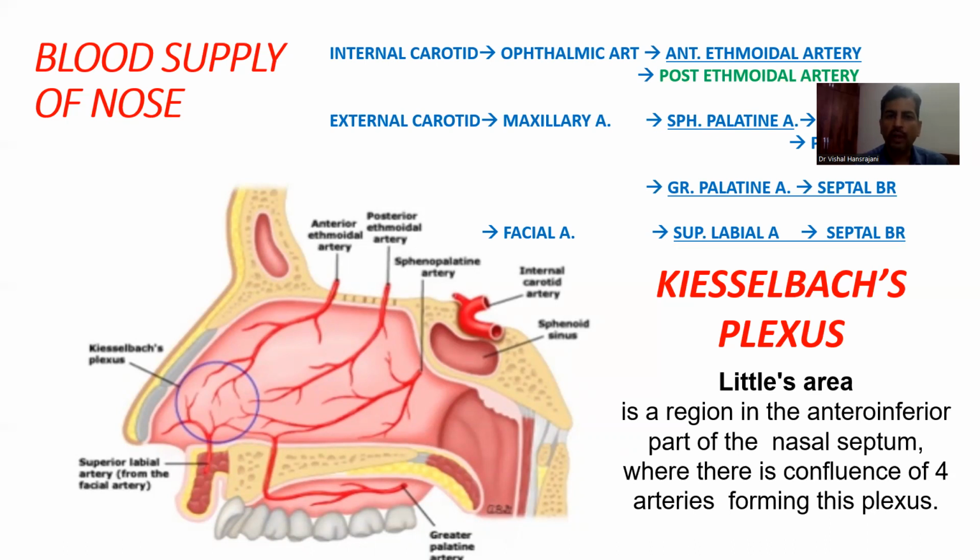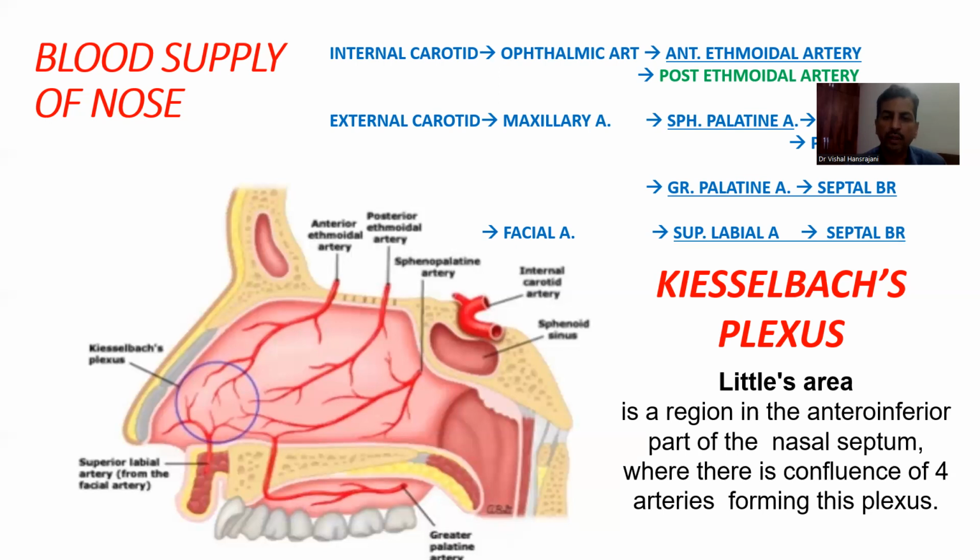The branch of the internal carotid which supplies the nose is the ophthalmic artery, which gives the anterior and posterior ethmoidal arteries. The external carotid artery gives the maxillary artery, which gives the sphenopalatine artery and the greater palatine artery, which again gives a septal branch.